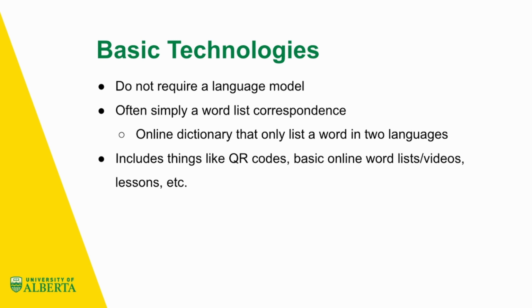This can also include things like QR codes, which we'll talk about in a later video, but are essentially ways of linking to a website in real space. Basic online word lists and videos, basic language learning lessons that don't have sophisticated language models behind them, etc.